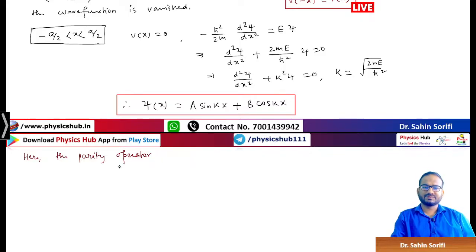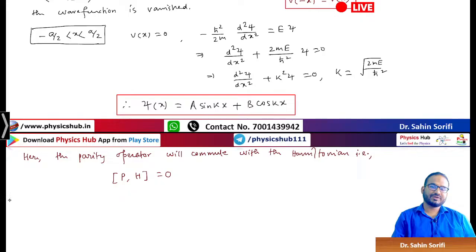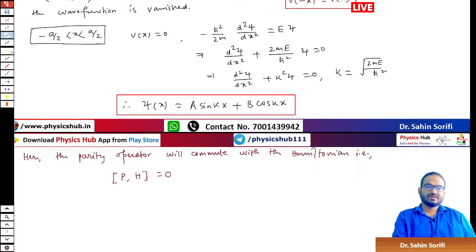We also proved this. What does it mean? The commutator of P and H is 0.